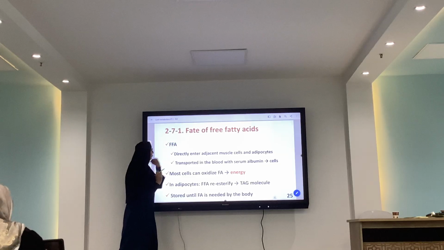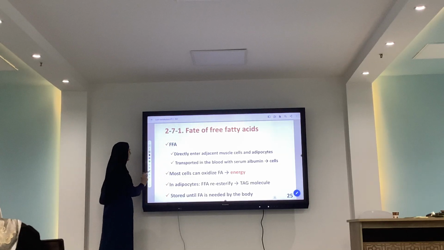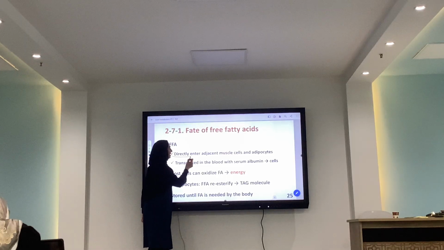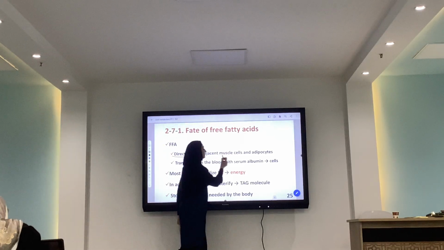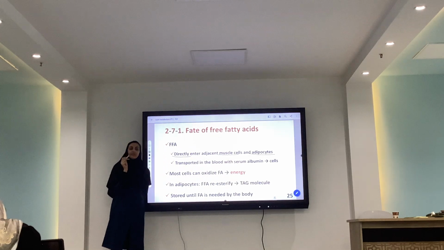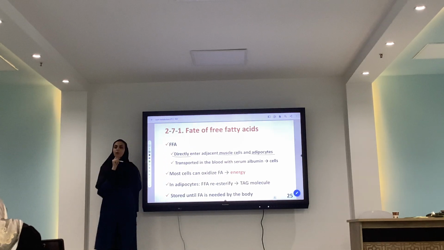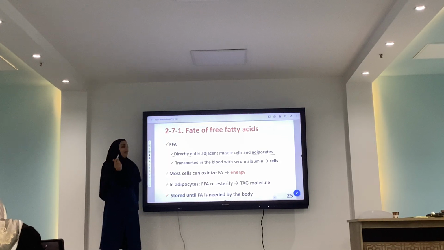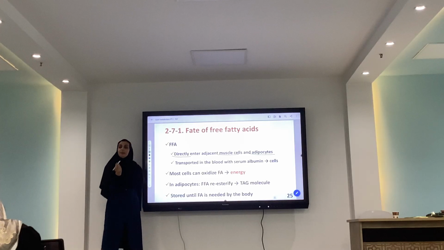And what about free fatty acids? Guys, free fatty acids directly enter the muscle cells and adipocytes. Why? Because it's free and lipid soluble. And the cell membrane is lipids.